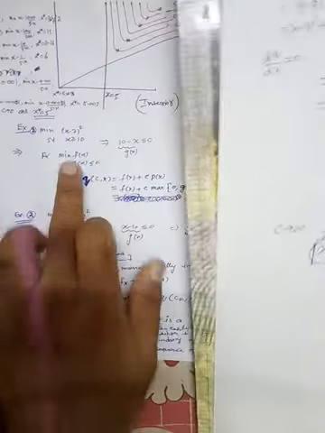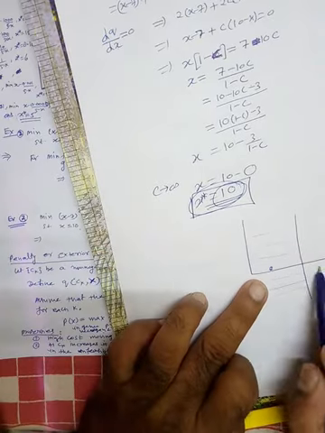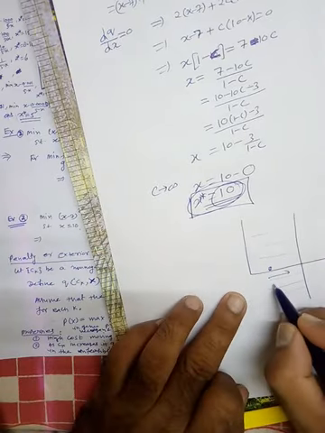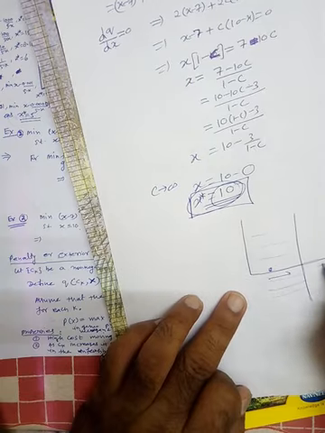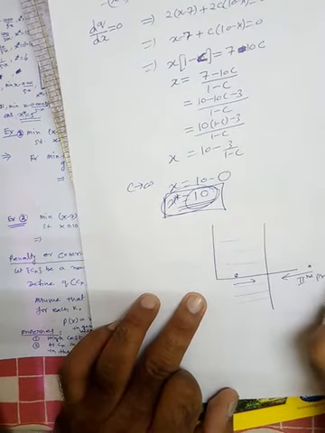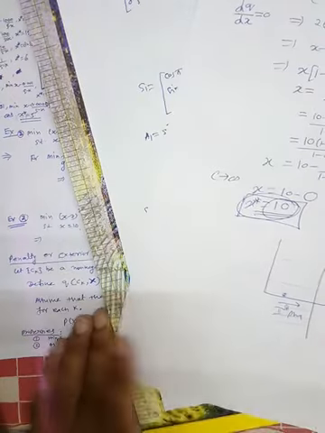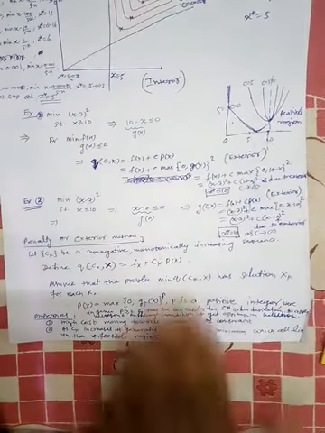In the first one, x is this, we will start from here. So slowly we are moving in this way in the first problem. In the second problem, we are moving in this way. This is the first problem, this is the second problem. I think you understand the way.